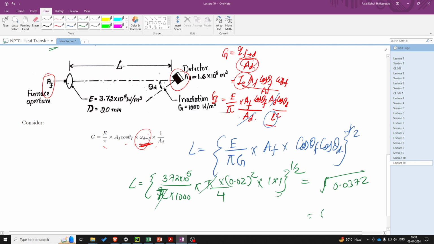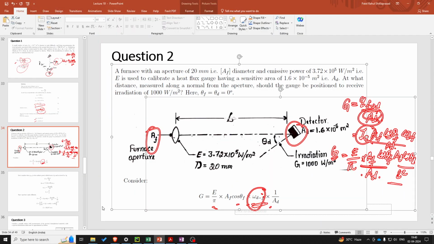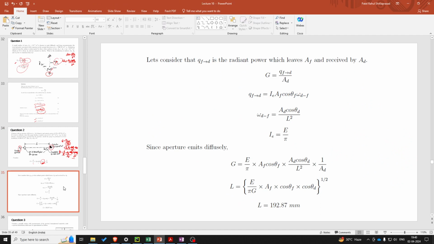So it will be around 0.1928 meter, that is 192.8 mm. So the distance between the furnace aperture as well as the detector should be 192.8 mm. So that was the solution. We'll take a look at the final answer. It is around 192.87 mm.